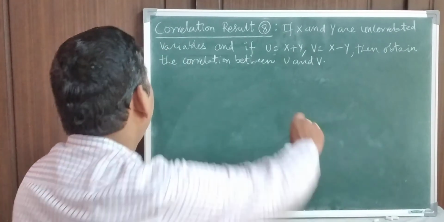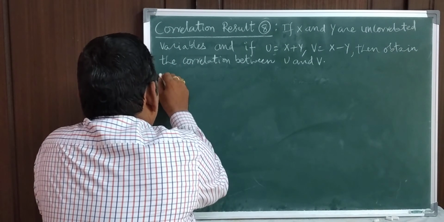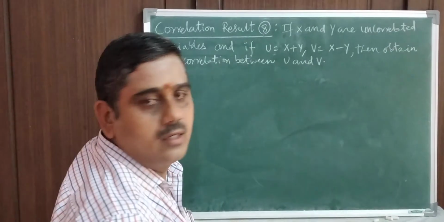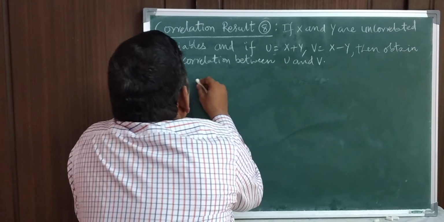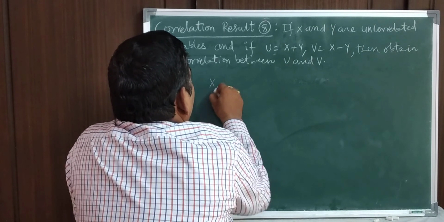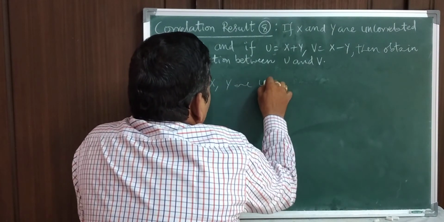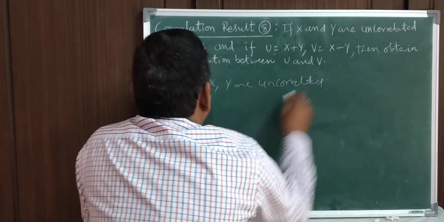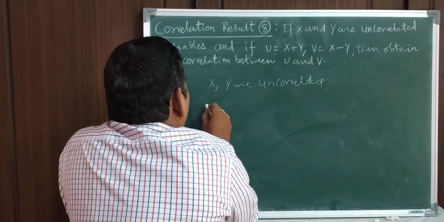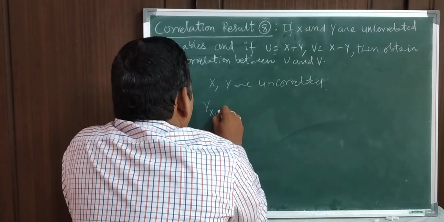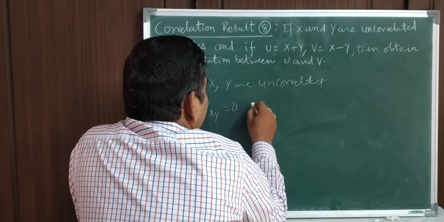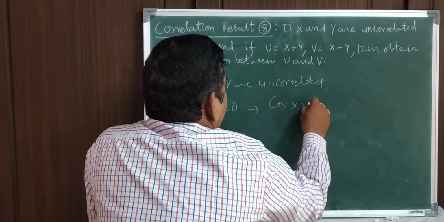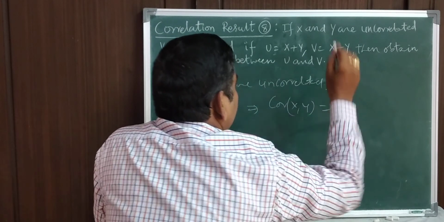So, if x and y are uncorrelated, I am starting the result. X and y are uncorrelated, which means Rxy is equal to 0, which implies covariance of x comma y is 0.